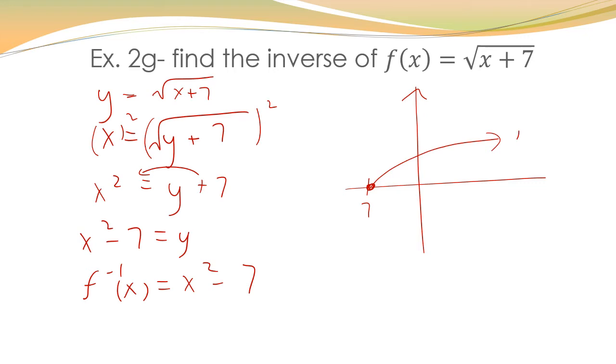So that was our f of x. And even though this was written as x squared minus 7, we only ended up with one arm of that because of that. So there's minus 7. We only ended up with one arm. Again, if we reflect that through the line y equals x. And that was f inverse of x.